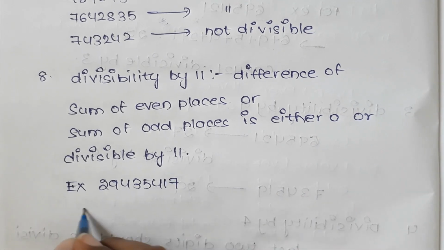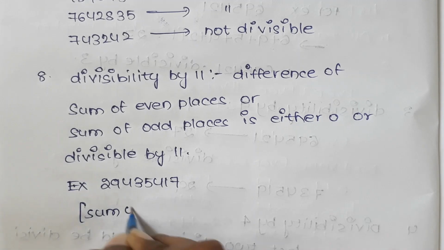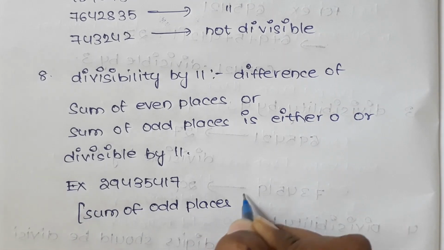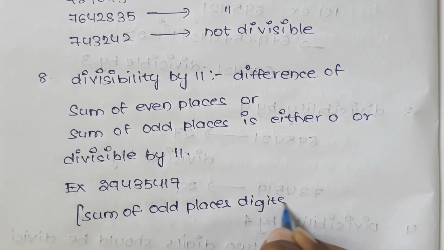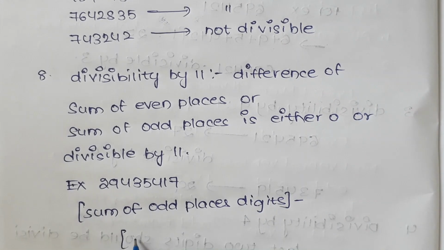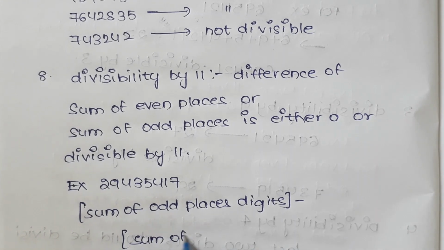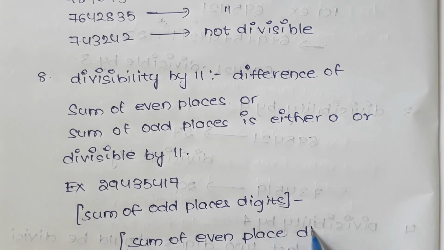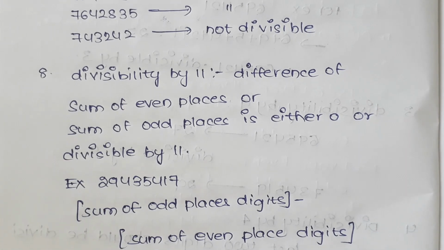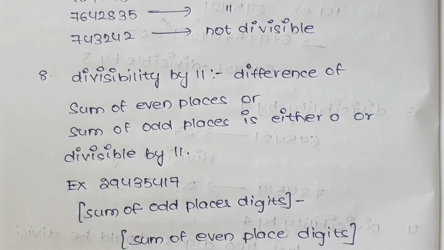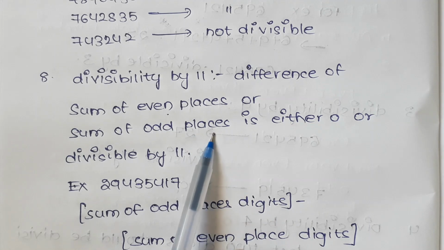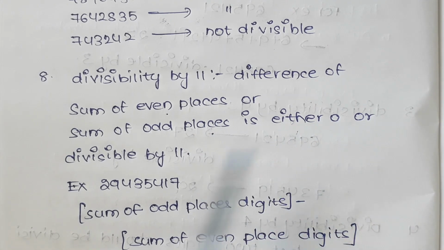Let us take the sum of odd place digits minus the sum of even place digits, and find the difference between these two. Here the difference of the sum of even places and sum of odd places is either 0 or divisible by 11.